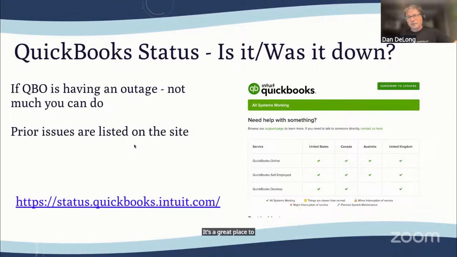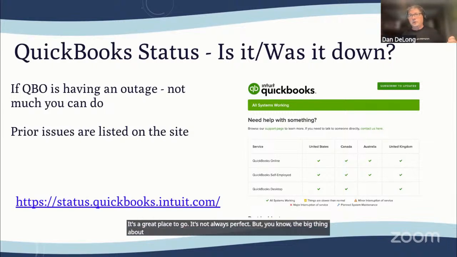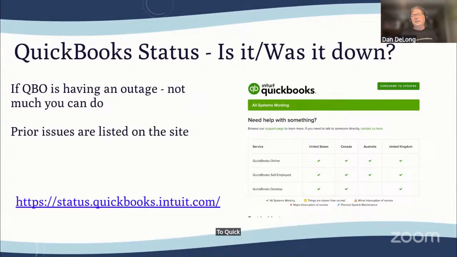It's not always perfect, but the big thing about QuickBooks Online versus desktop is there's nothing to download, install, or update. So knowing that if you can't get in to QuickBooks Online, that's going to have a huge impact on doing anything.